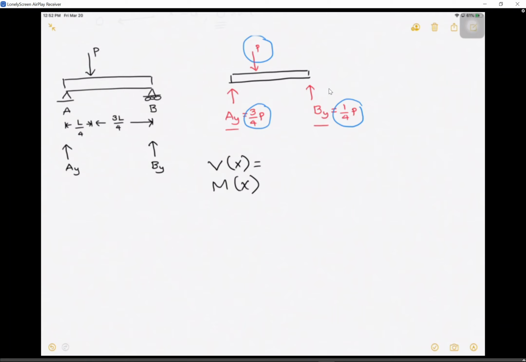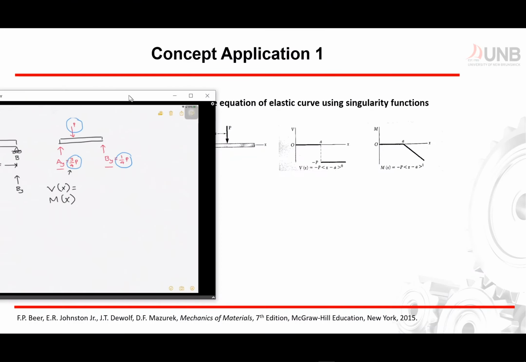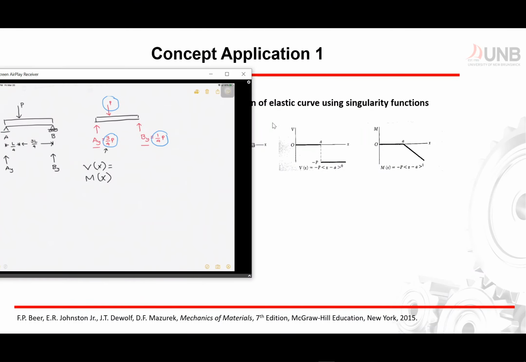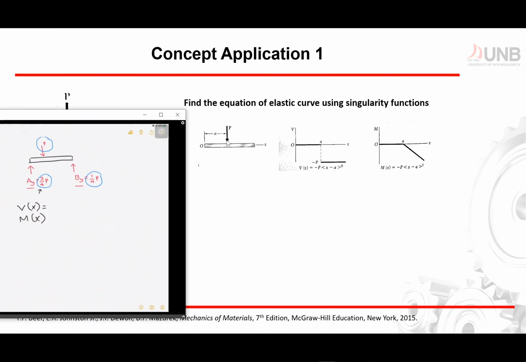First, we have to look at different forces or moments one by one. So let's look at the first force, which is 3/4 P. Now, this is going up, which means it's positive. How did I know it's positive? If we look in the table, we have V, that's your negative P. So if your force is going down, your P is negative.